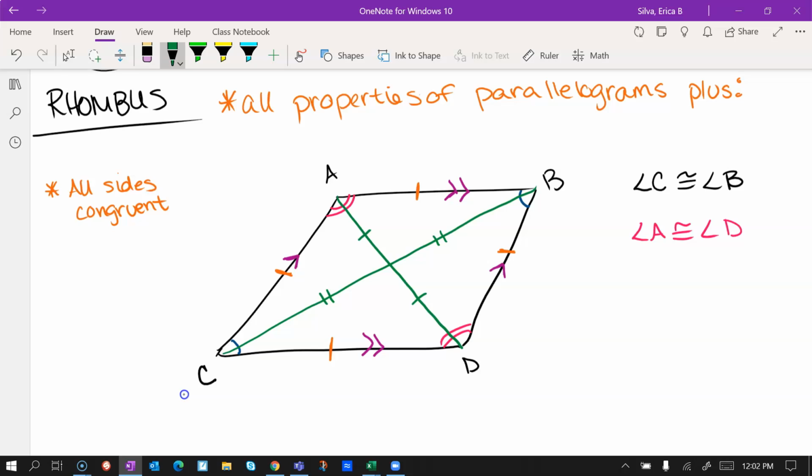This is different from a square, because remember, in a square all of the diagonals were equal. This one is more like a parallelogram, where only the sides on the same side of the diagonal are equal. So those of you in class, if you could just erase that. It's just diagonals bisect each other.